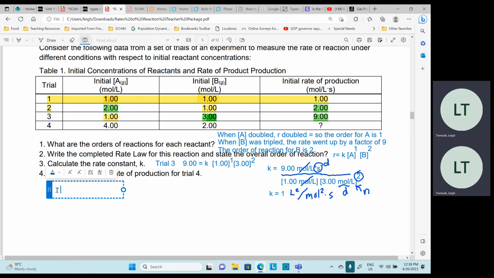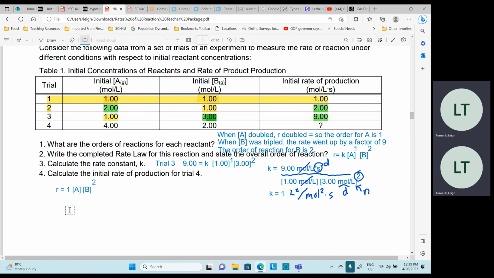So we have our rate law. The rate is equal to 1 times the concentration of A times the concentration of B squared. Squared, right? For this reaction only.